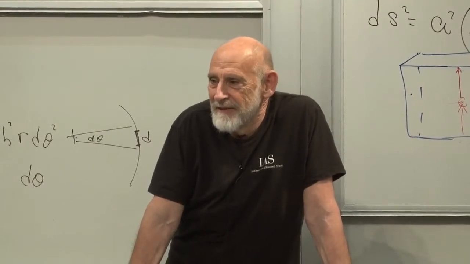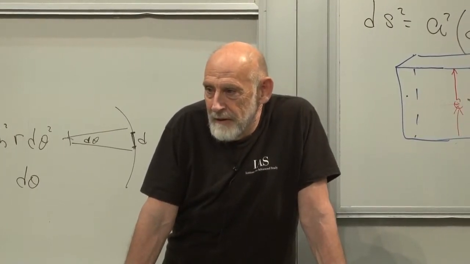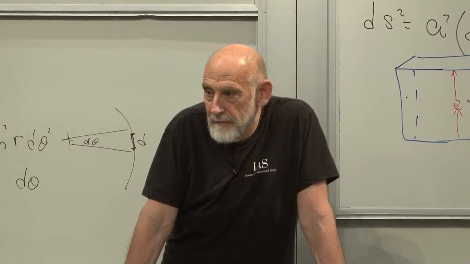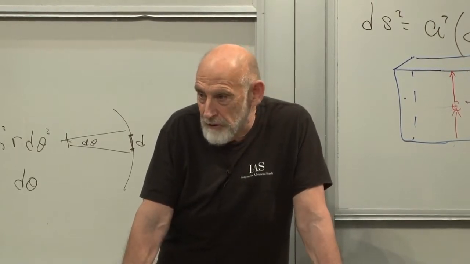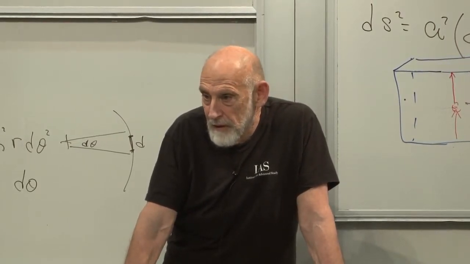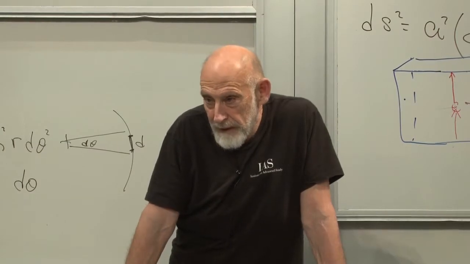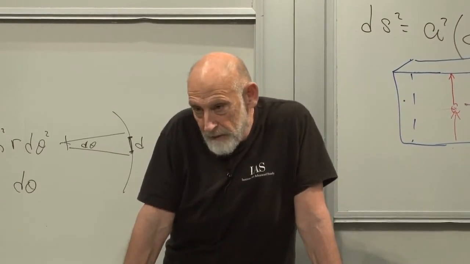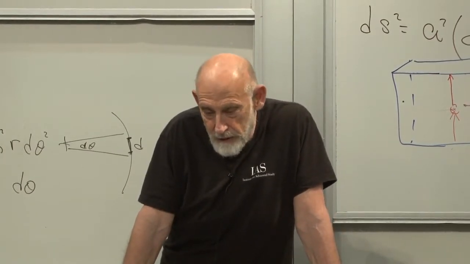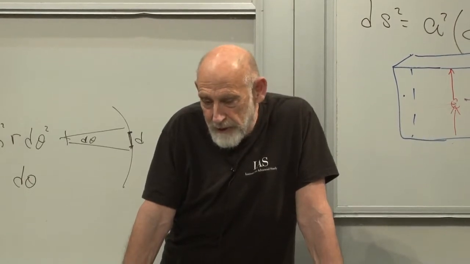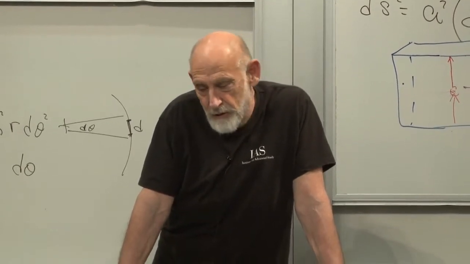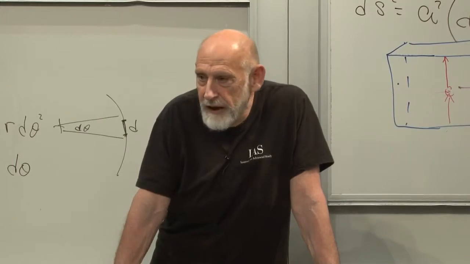Okay. Does anything new happen if a space is not simply connected, like the torus? Yes, it is possible that there would be. As I said, you could look out in that direction and see your tail.